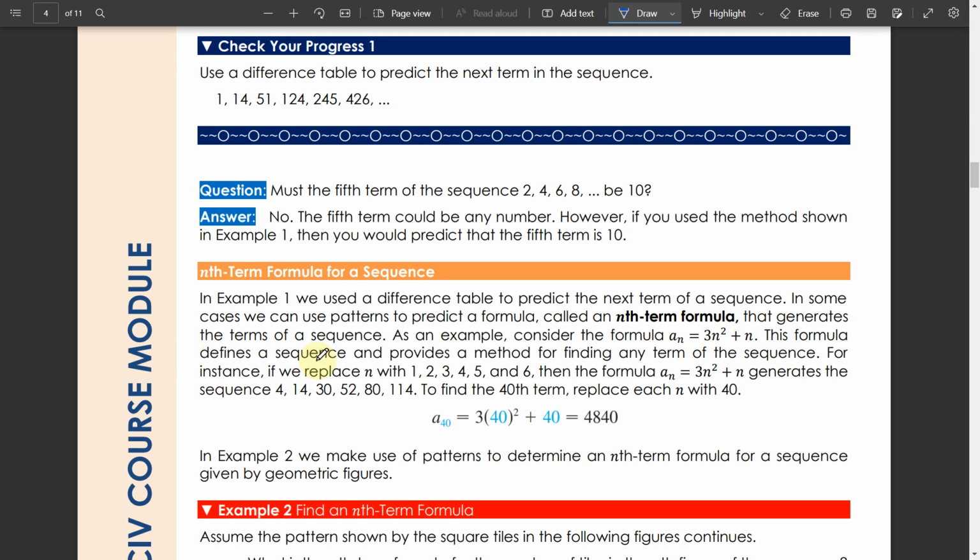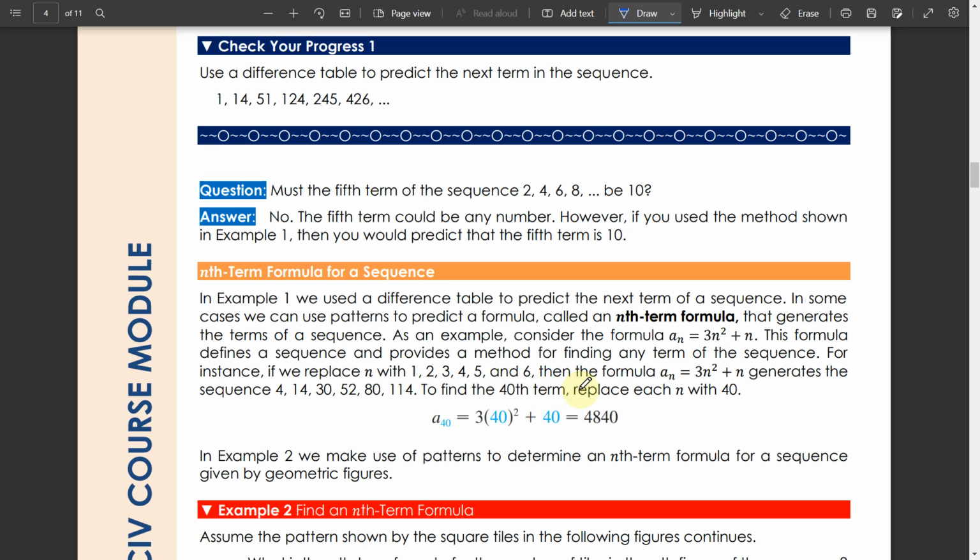So this formula defines a sequence and provides a method for finding any term of the sequence. So for instance, if we replace our n here with 1, 2, 3, 4, 5, 6, then the formula a_n equals 3n squared plus n generates the sequence 4, 14, 30, 52, 80, then 114.